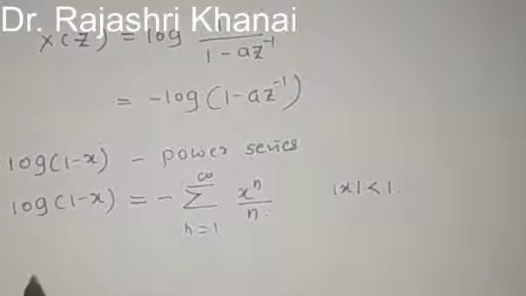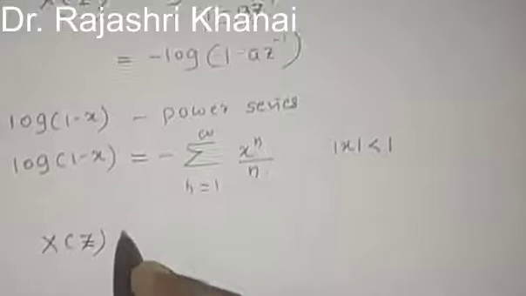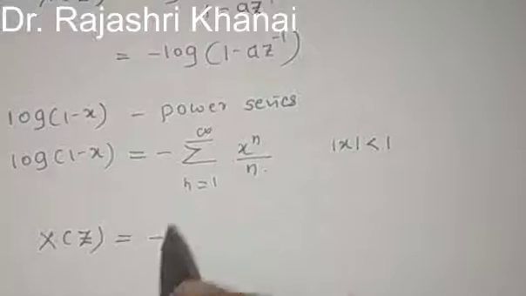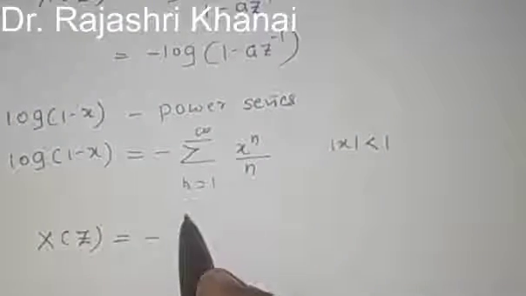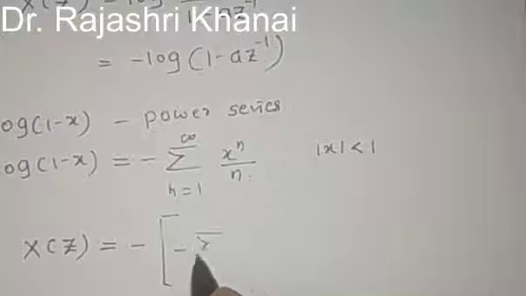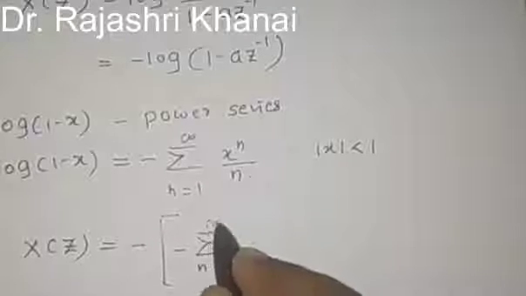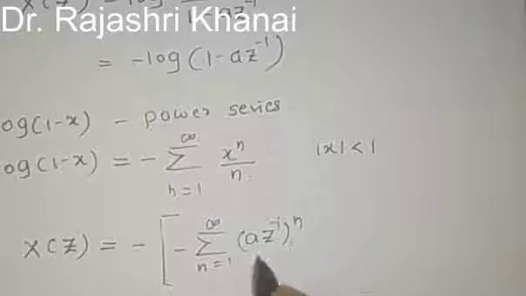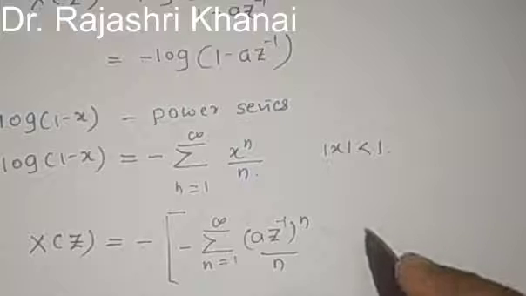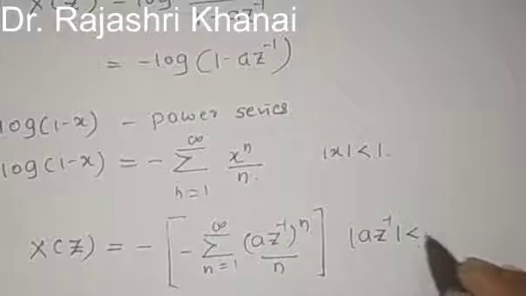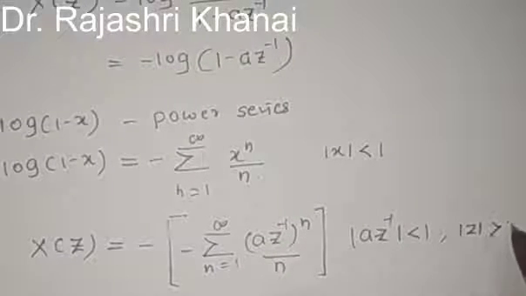Now this we will compare with X of z, that is equal to minus, this minus it is, and there is one more minus, that is minus of summation n ranging from 1 to infinity of (a z inverse) raised to n divided by n, and our x is again a z inverse which is less than 1, and therefore I can write magnitude of z greater than magnitude of a, which is expected.